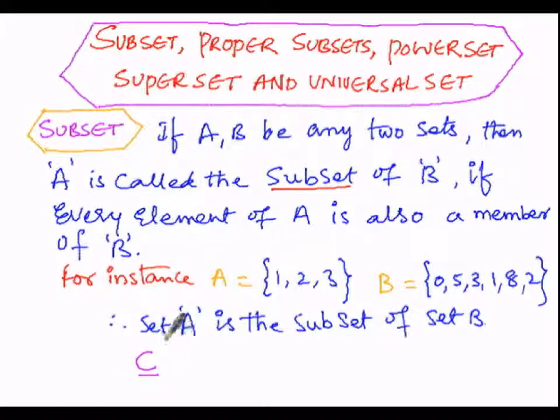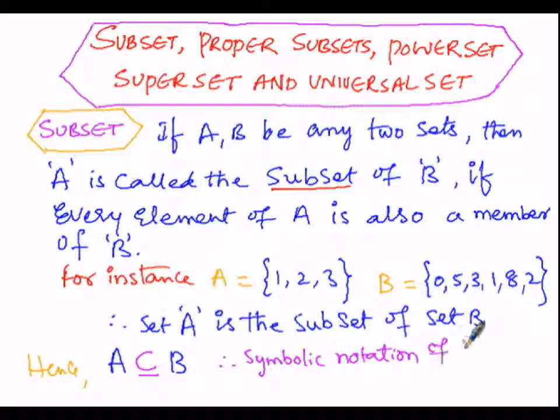So, in this case set A is the subset of set B, and hence we can write set A is a subset of set B. This is the symbolic notation of subset, this symbol.